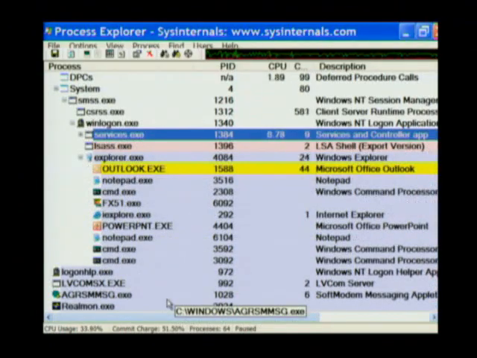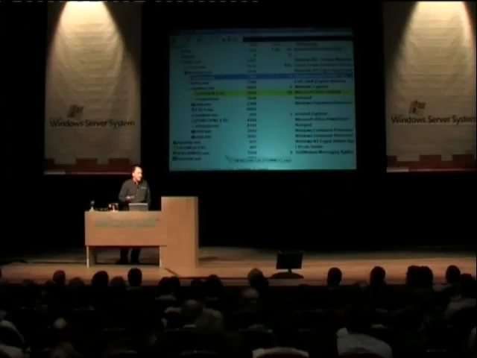Who's the father of Explorer.exe? WinLogon. So in fact, it is the logon process that restarts the shell when it crashes. And by the way, that doesn't always happen. Explorer has to exit with a certain status code for WinLogon to restart it. For example, if you kill Explorer.exe with Task Manager, it doesn't restart. So it's when it crashes.